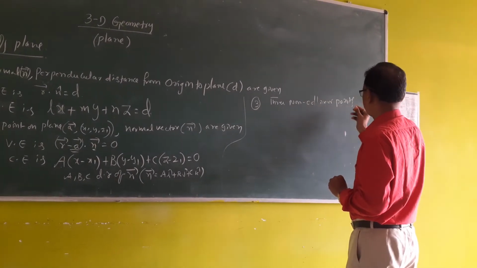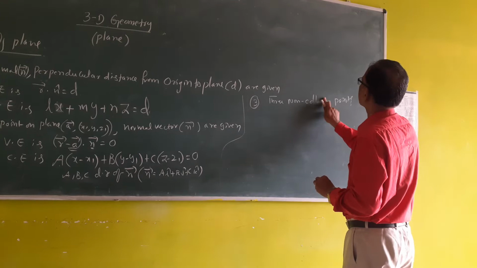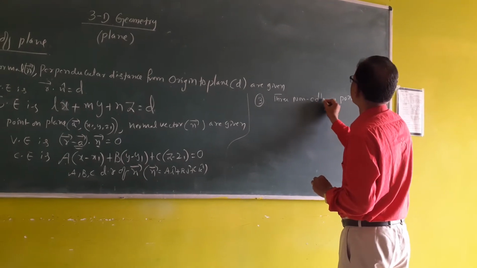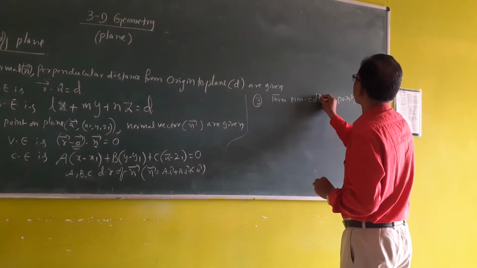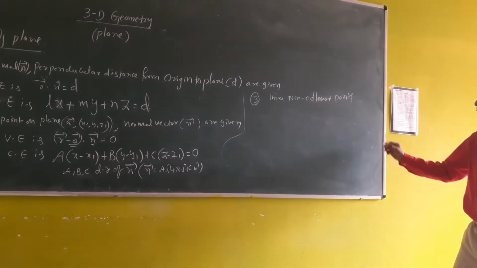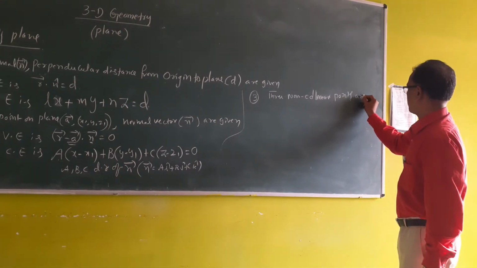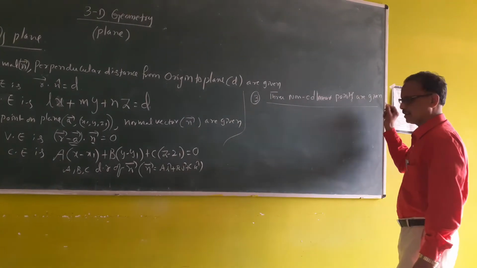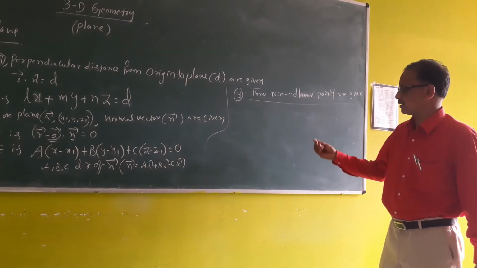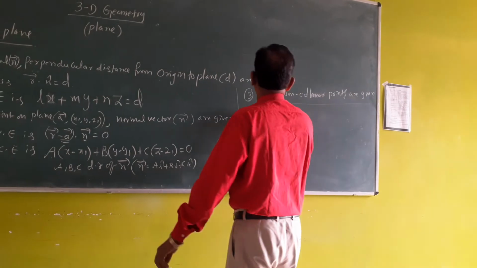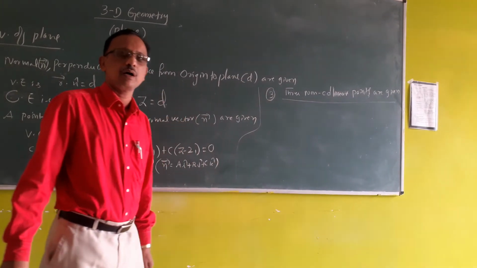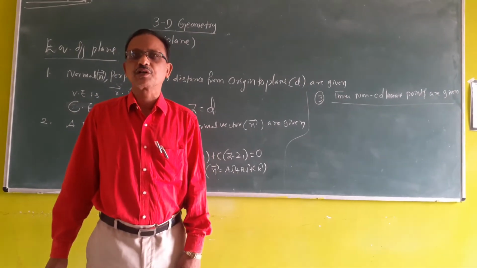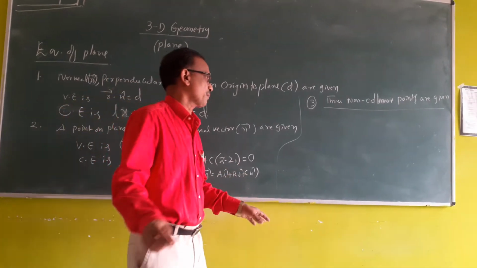Under these three non-collinear points, a bar, b bar, c bar are the position vectors of three non-collinear points.